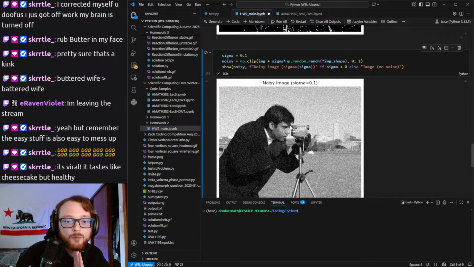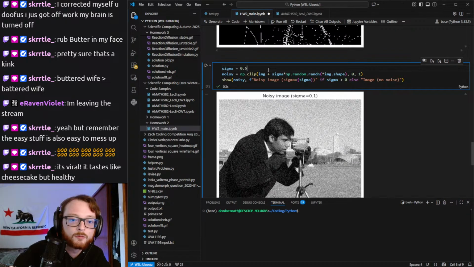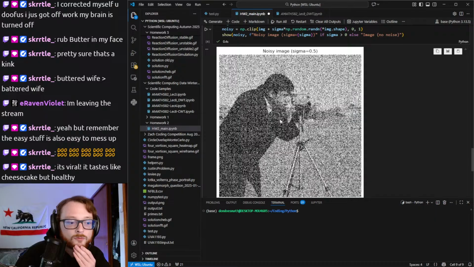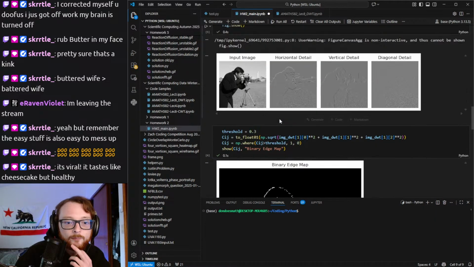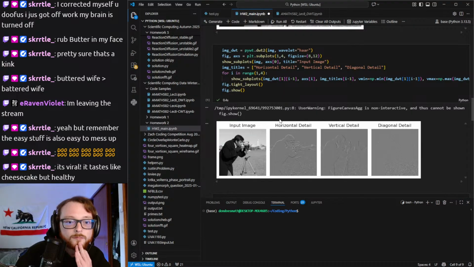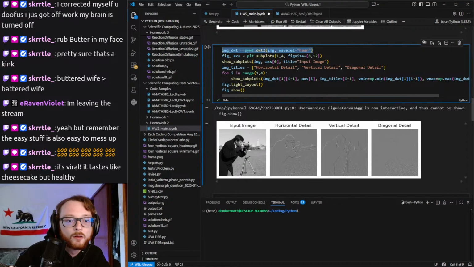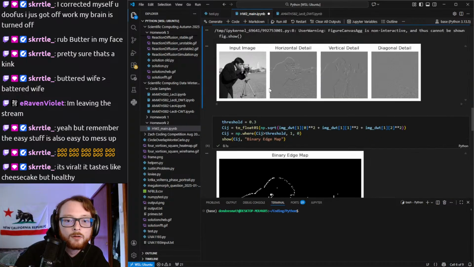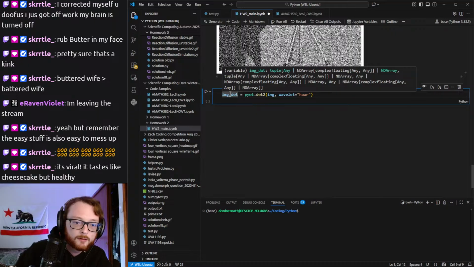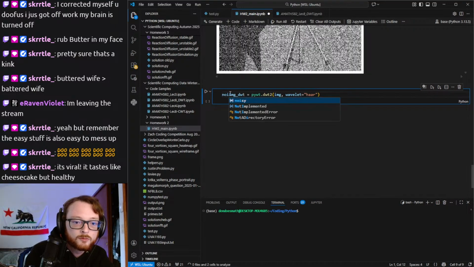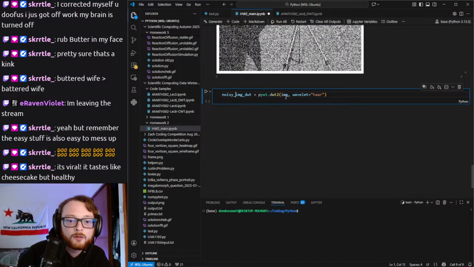So we have an example of a noisy image here, or the same image with noise added. And I think I want to make it more severe. I want to make it noisier. There we go. Just to make it more obvious what goes wrong. Noisy image, DWT.